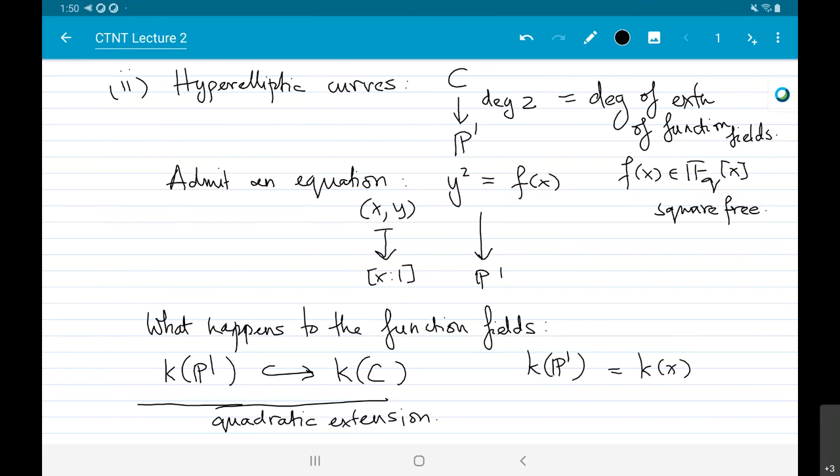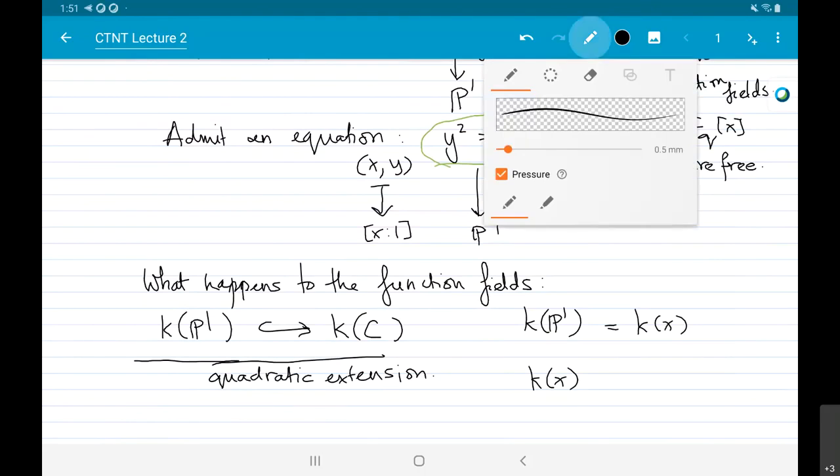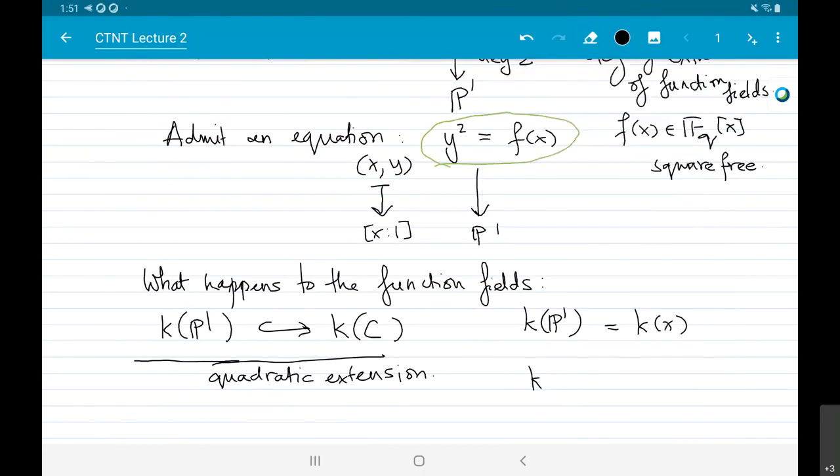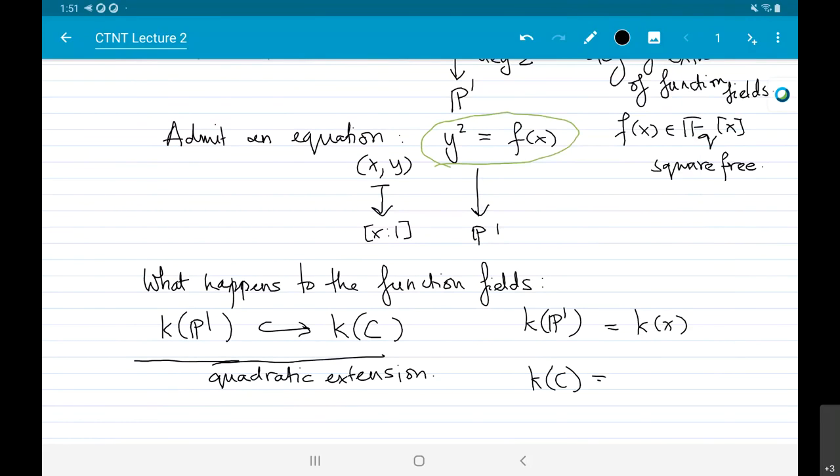And K(C) is going to be K(x). Now notice what you're doing over here with this equation. You're taking f(x) and adjoining a square root of f(x). So K(C) is K(x) adjoin the square root of f(x).